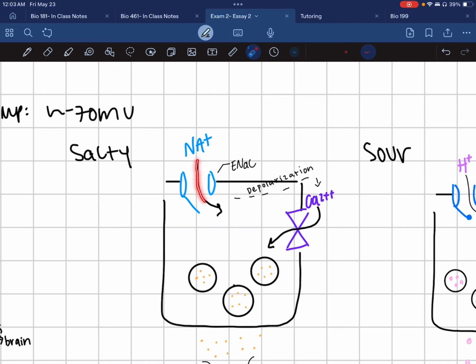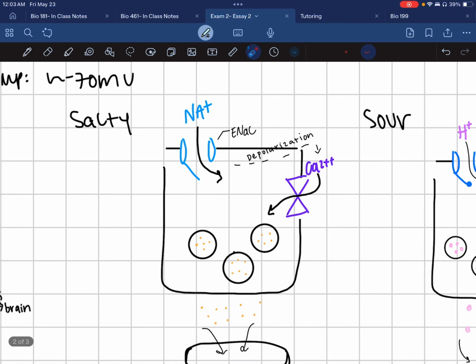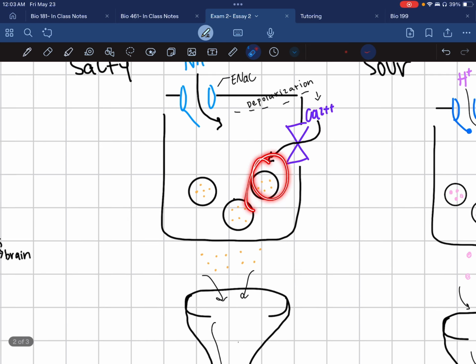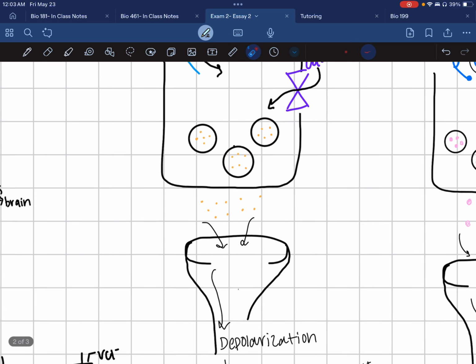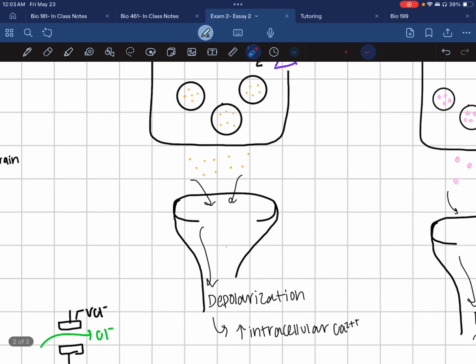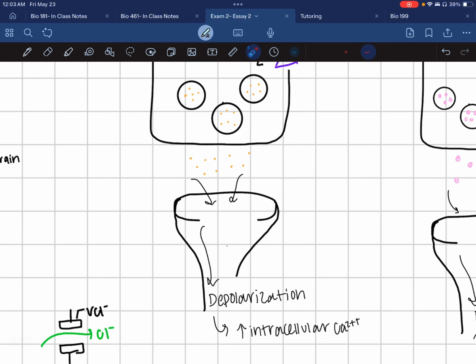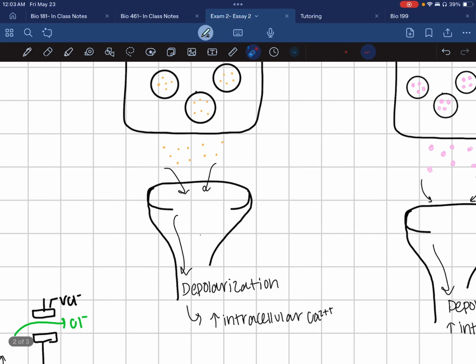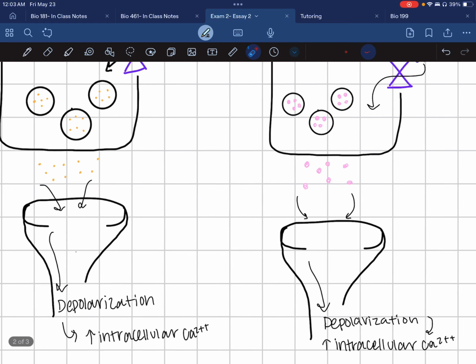So the increase of sodium, which is a positive charge going into the cell across the membrane, is causing a depolarization, and then this depolarization is going to cause calcium to come in, and then calcium is going to bind the SNARE proteins, and then cause exocytosis of this neurotransmitter. Which is then going to further raise depolarization of this neuron, which is going to increase intracellular calcium.